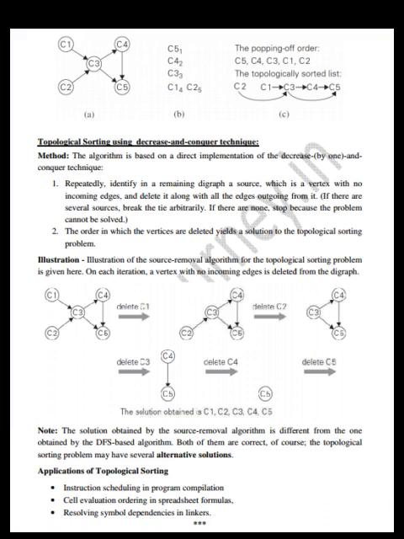Both of them are correct. Of course, the topological sorting problem may have several alternative solutions. Applications of topological sorting: instruction scheduling in program compilation, cell evaluation ordering in spreadsheet formulas, and resolving symbol dependencies in linkers.